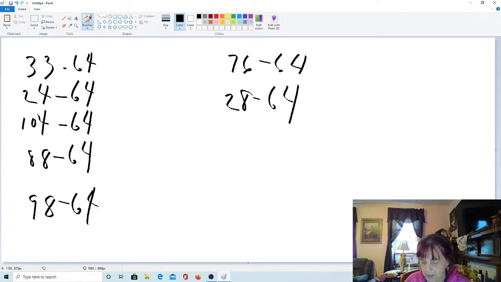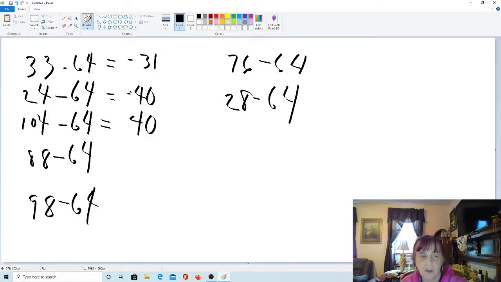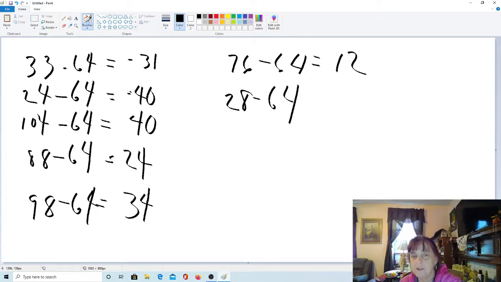Okay, 33 minus 64 is negative 31. 24 minus 64 is negative 40. 104 minus 64 is 40. 88 minus 64 is 24. 98 minus 64 is 34. 76 minus 64 is 12. And 28 minus 64 is negative 36.